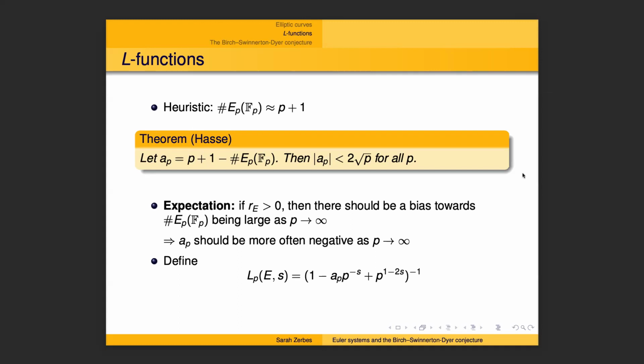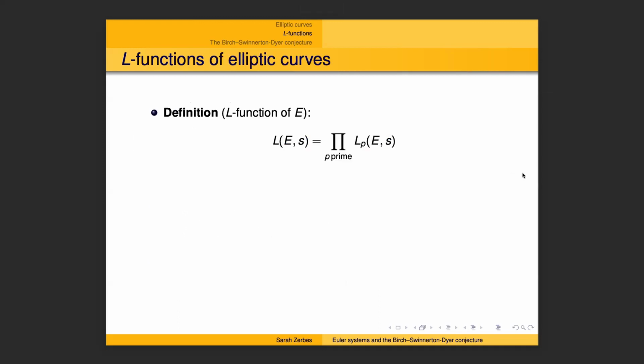We now want to reflect this expectation in the properties of this function. But the first thing to notice is we only expect it asymptotically over all P. So it makes sense to define the L function of the elliptic curve as the infinite product of these local L factors, where we have one factor for each prime P, which just depends on local data.